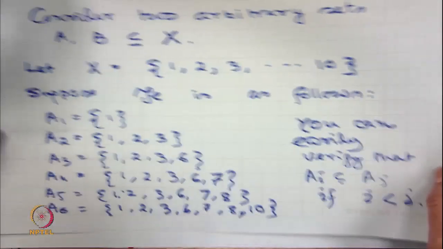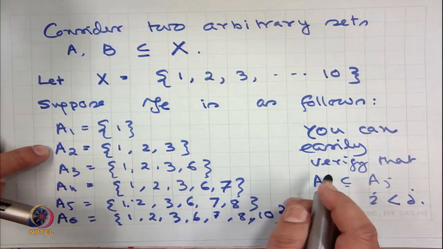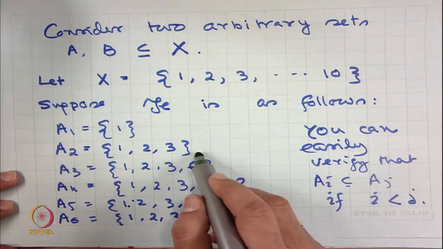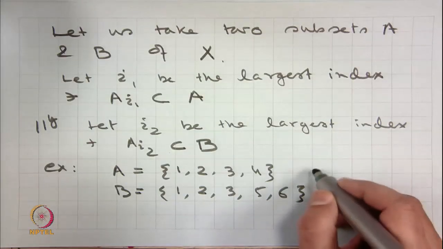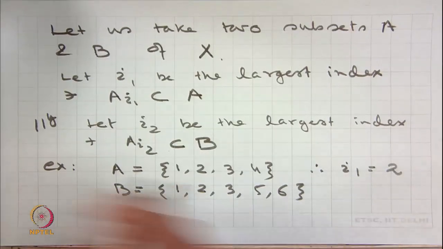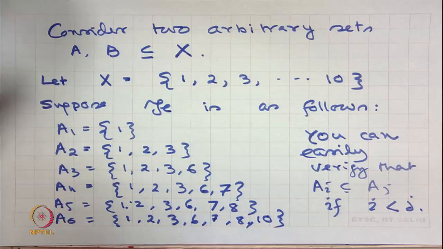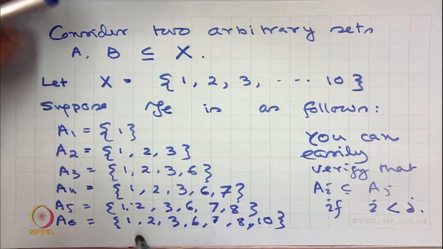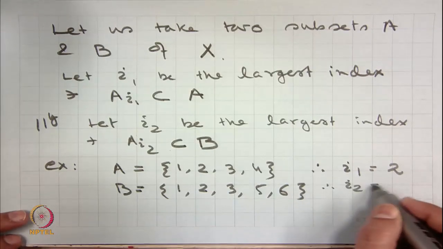Then if we compare with this, I can see A2 is the largest index such that A2 is completely contained in A, and therefore, I1 is equal to 2, and A3 is the largest index such that Ai is contained in B. Therefore, I2 is equal to 3.